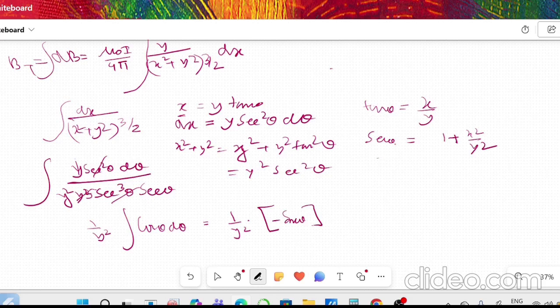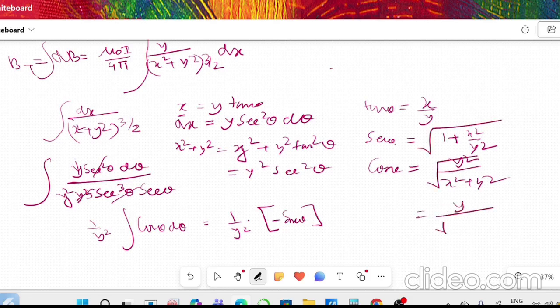So cos theta will be y divided by root of x square plus y square. So what will be the sine theta? Sine theta is simply tan theta into cos theta. So y cancels out, it will become x by root over x square plus y square.